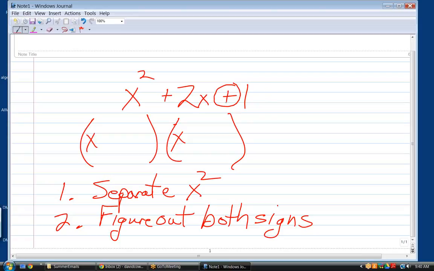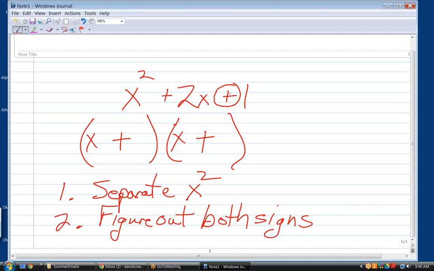In other words, the only way you're getting a +1 here is if both signs are the same. It either has to be minus, minus, or it has to be plus, plus. Okay? That's important.